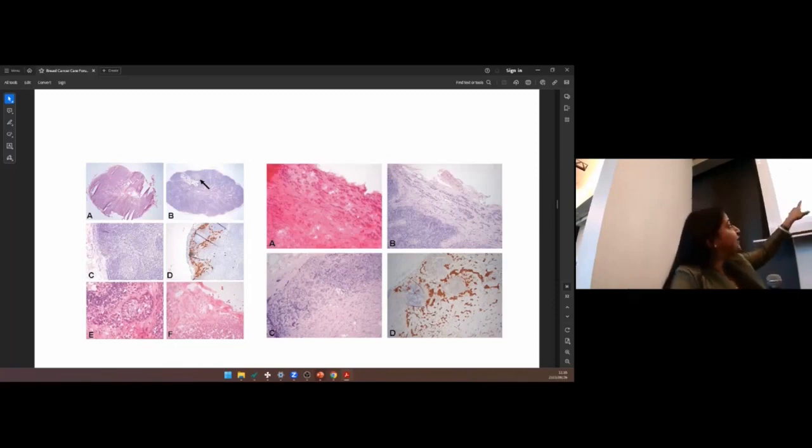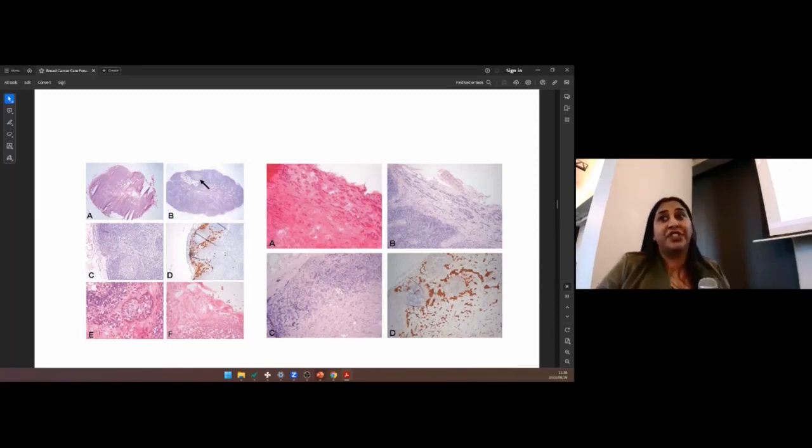And that is an epithelial marker, staining brown, that highlights the invasive tumor cells that may not always be apparent on frozen sections. So it can be kind of critical in a sentinel node frozen section scenario, if you are uncertain, to be able to tell your surgeon, you know what, I'm a little bit concerned that there might be some abnormal cells here, but I think I'd like to defer it. And I think that it's fair that your surgeon gives you the benefit of the doubt for that as well.